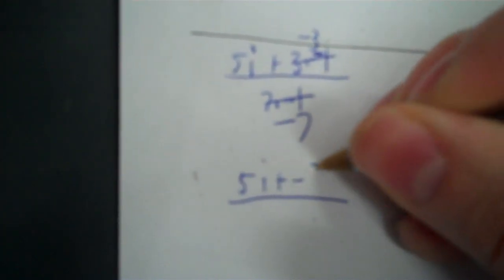So here's how you divide that. I'll write it out so you can see it actually. You end up with 5i plus -3, 3 times -1 is -3, and then -7. Now I divide each of these by -7. So I take 5 divided by -7. I don't like that.